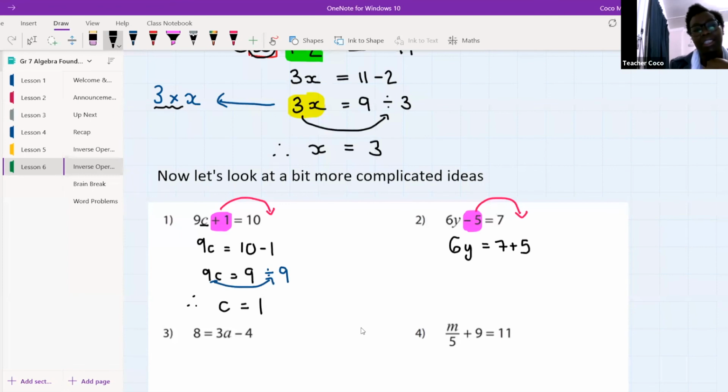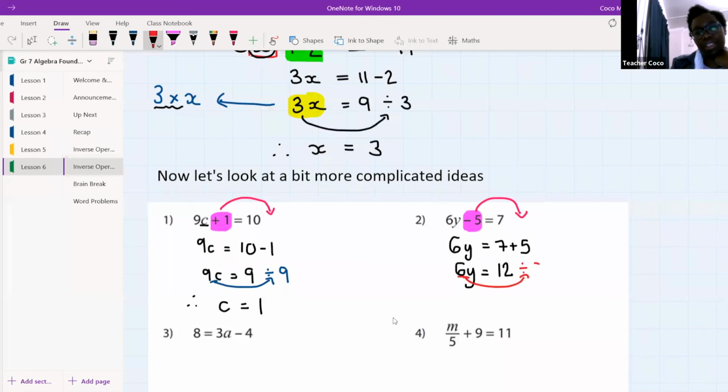What's my next line? Then we say 6y equals 7 plus 5, which equals 12. Good. 6y equals 12. And then what do I do with the 6 here? Because it's multiplied on this side, what do I do with it when I take it over? Since it's multiplied, we're going to put it as divide.